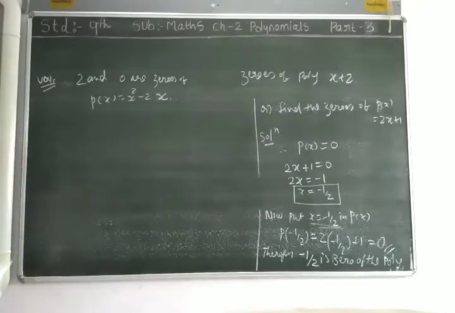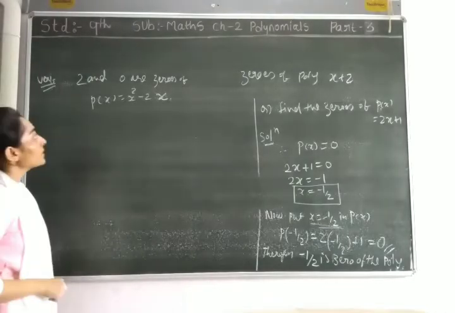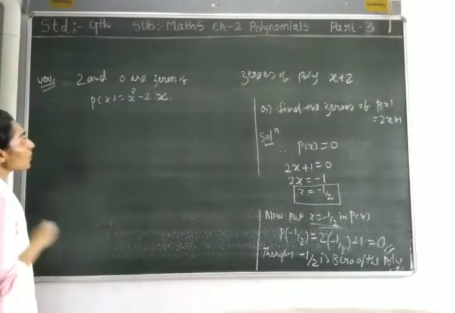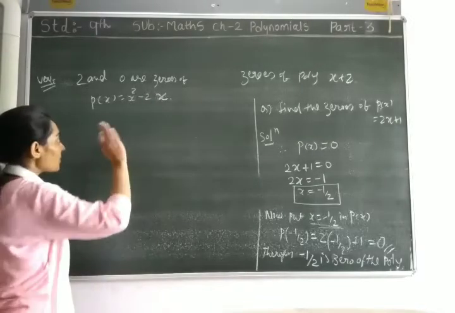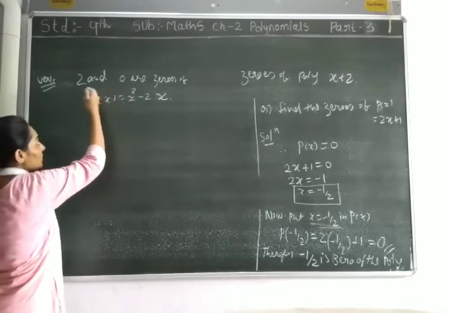We have to check whether 2 and 0 are the zeros of this polynomial. Simply, we just replace x with 2 and 0.